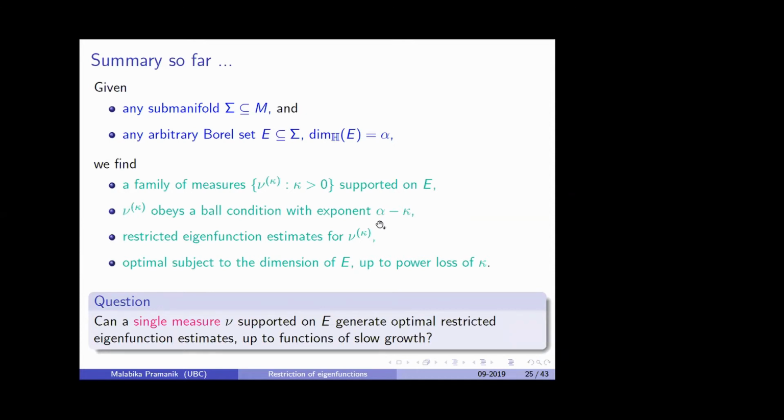A natural question is, suppose we do not want to deal with an infinite family of measures. Can one find a single measure on the set E for which optimal eigenfunction restriction estimates can be attained, possibly allowing for a function of slow growth?